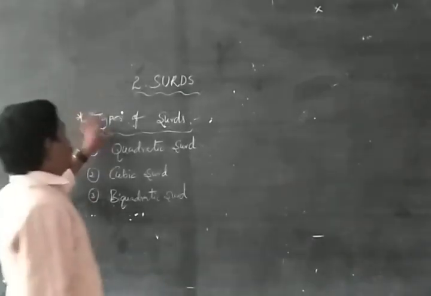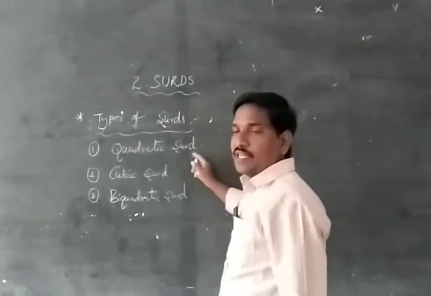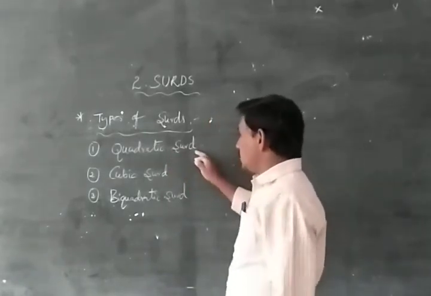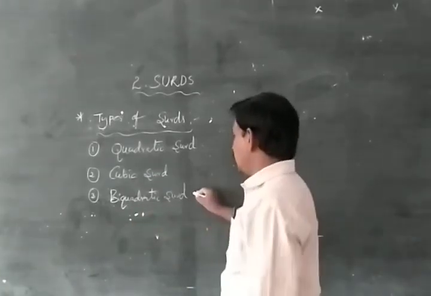We have three types of surds. Quadratic means square. Quadratic surd, cubic surd, and biquadratic surd.